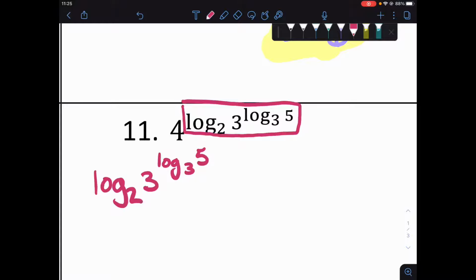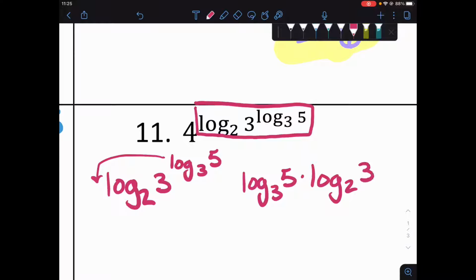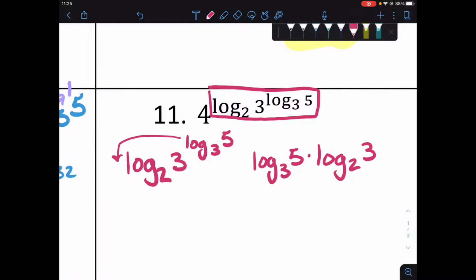What we might think is that we can bring this down, and we get log base 3 of 5 times log base 2 of 3. So we'd have 4 to this exponent. The problem is that that doesn't necessarily let us do anything after that. This, I would say, is not particularly useful.